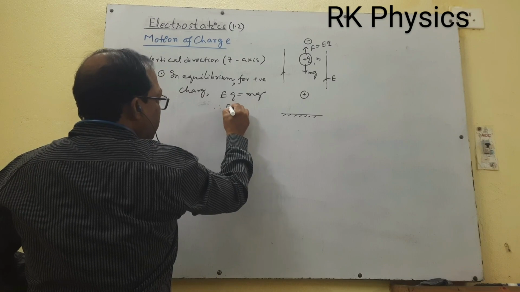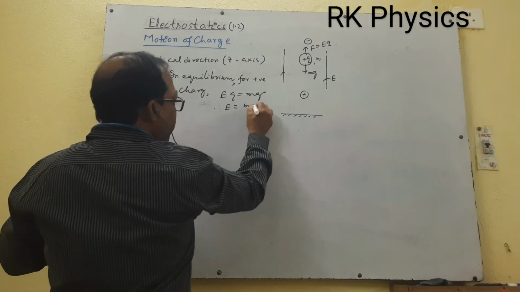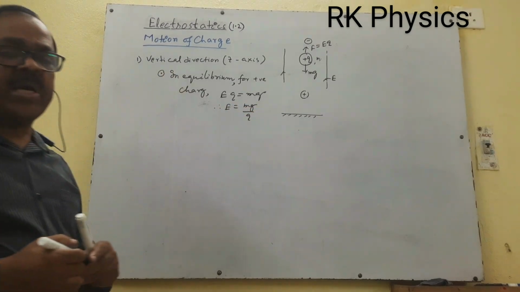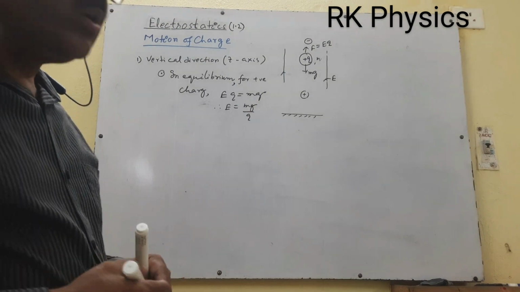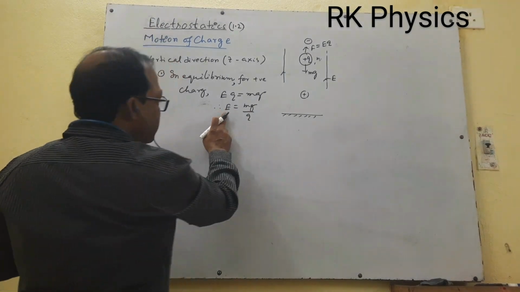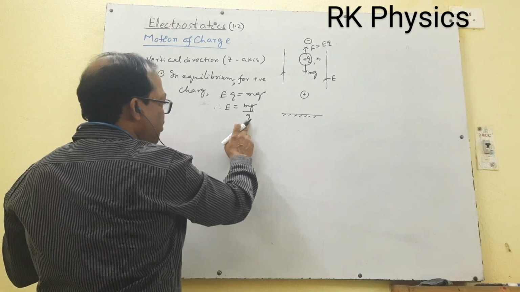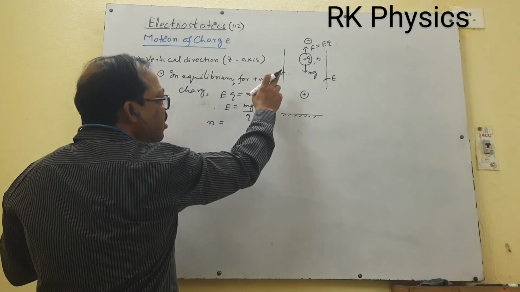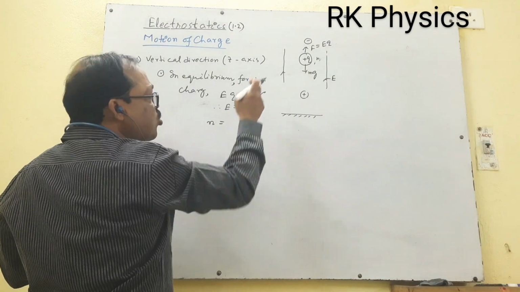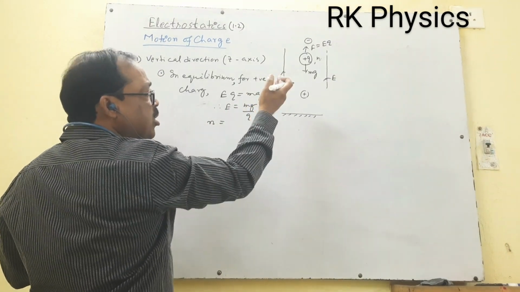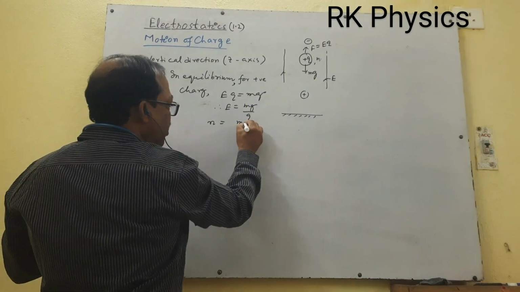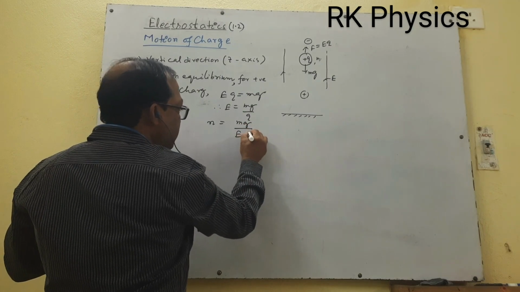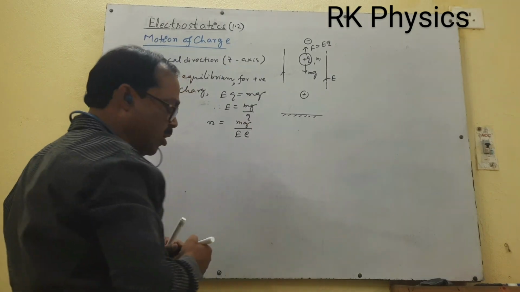So therefore, you can find out E equal to mg by q. If m and q are given, suppose if E is given, q is given, you can calculate how many electrons, how many number of magnitude of electrons, means protons, positive ions are there. You can put mg divided by e. e is the charge of an electron.